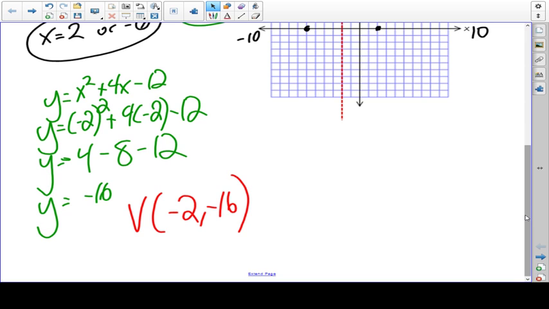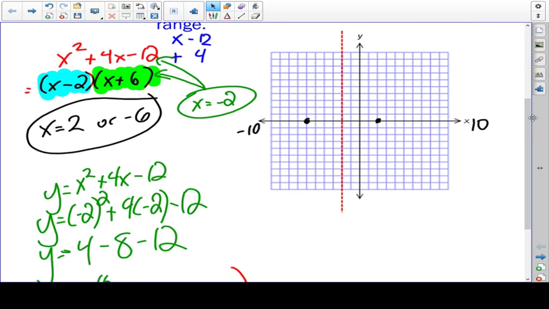That's also why we didn't make our scale that goes up and down until now, because now we know that we have to incorporate this point here. So my scale is going to go from -20 to 20.